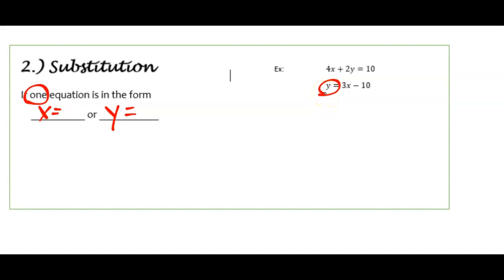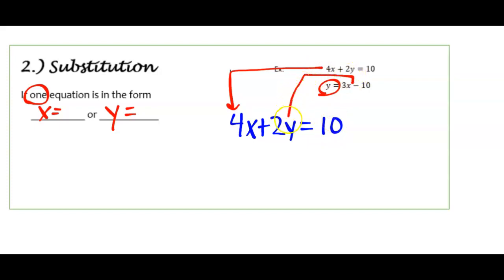All right, so now I'm going to take this equation and I am going to rewrite that 4x plus 2y equals 10. And I am going to take this and I'm going to replace my y because it's y equals.